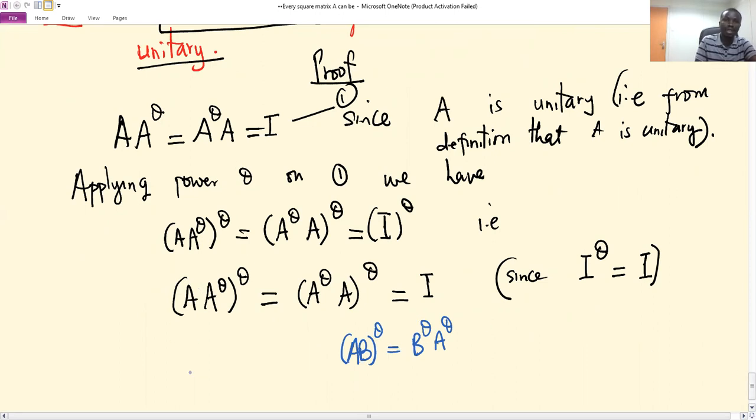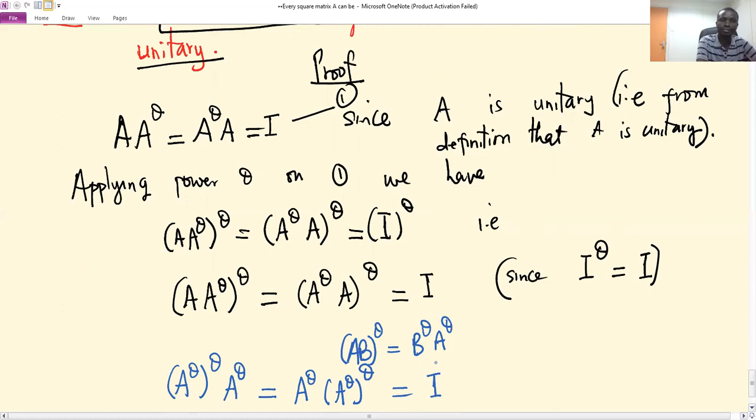Therefore, this result would be A theta power theta times A power theta equals A power theta raised to power theta times A power theta, which should give us an identity matrix.